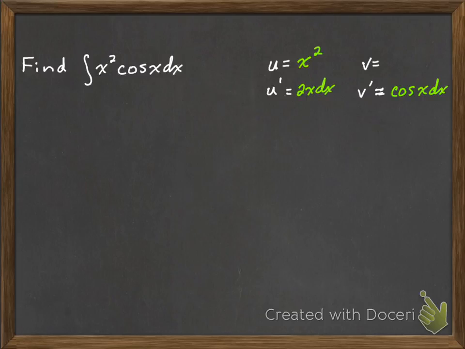V is going to be the antiderivative, so that is sine x. All right, using the formula, u times v, that gives us x squared sine x minus the integral of v times u prime. So that's going to be 2x sine x dx.